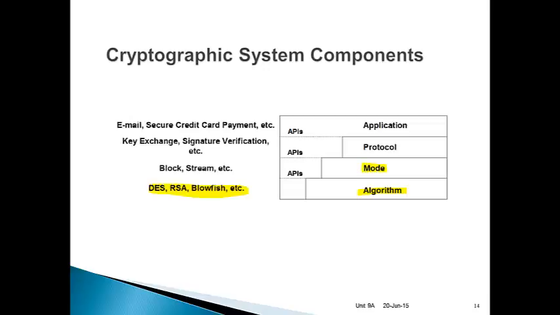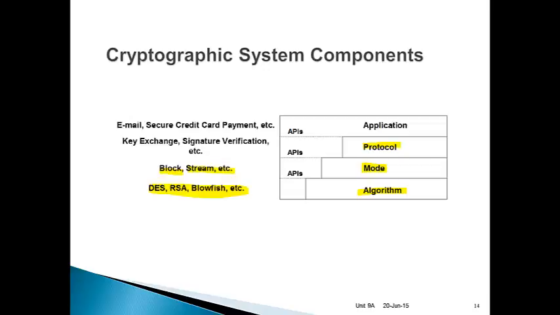Because data has different sorts of structures, you have different things you want to do with the encryption. Are you encrypting a file to upload it in batch? Are you encrypting a communication stream one bit at a time to send to a destination? Those are block and stream modes.